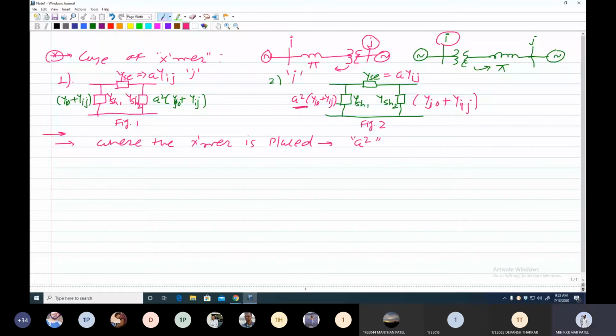Similarly, here the transformer is placed at the jth bus, so at the jth bus you will get the equation of A square. Similarly, in case 2, the transformer is placed at the ith bus, so you will get the equation of A square at the ith bus, and the normal equation without A square you will get at the other end. Clear? So this is the conclusion to remember easily the theory of this case of transformer.